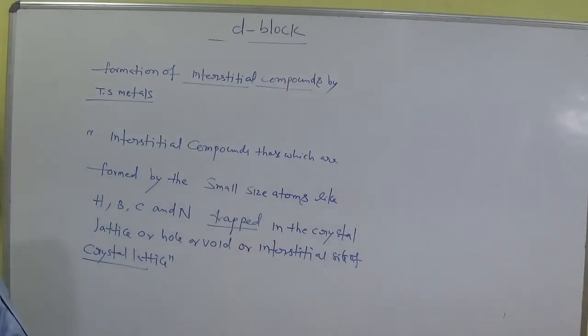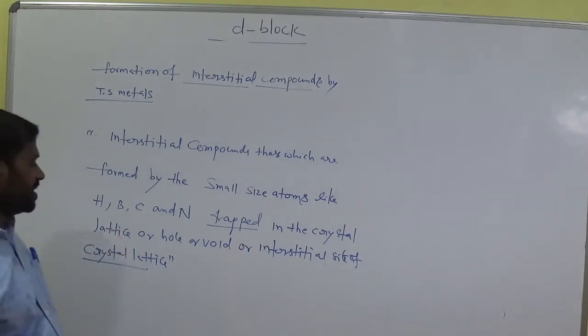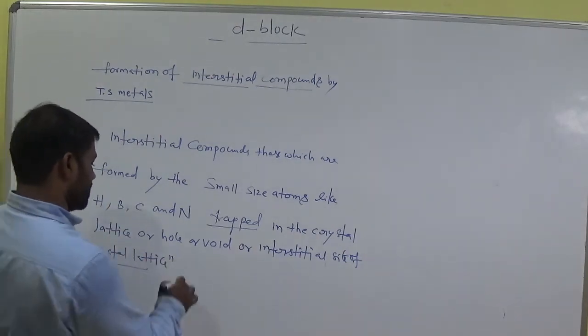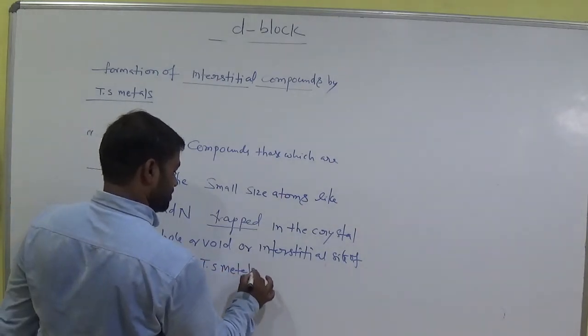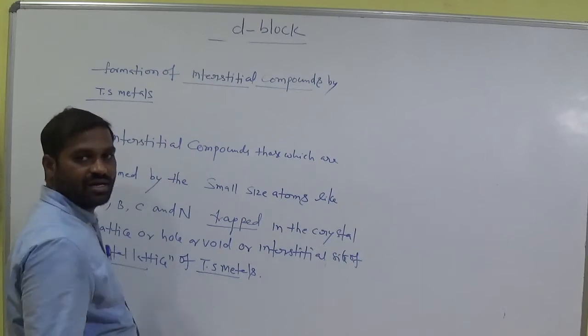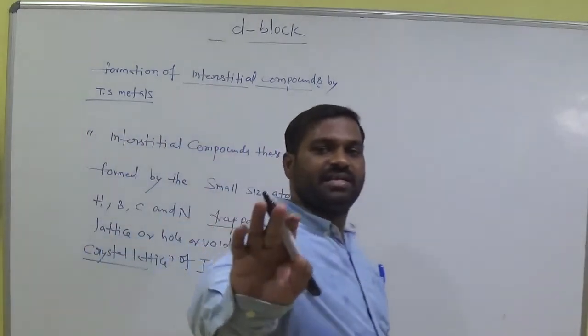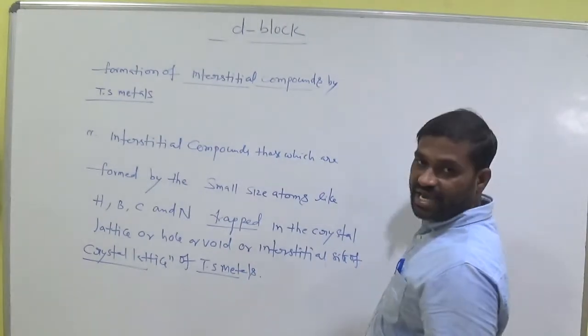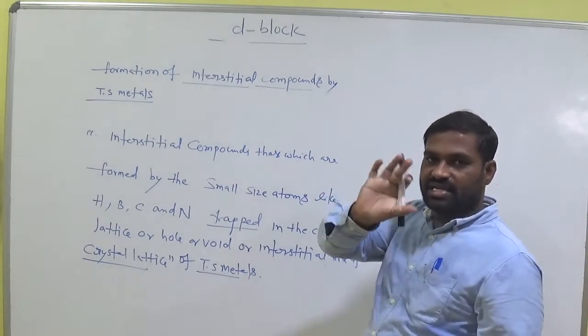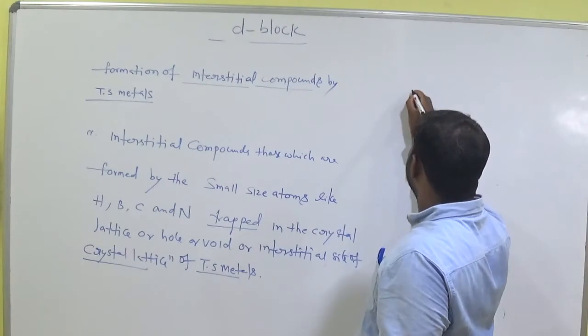Okay. So how are interstitial compounds formed? By the crystal lattice of transition metals. Here, suppose a transition metal is in a crystalline state.